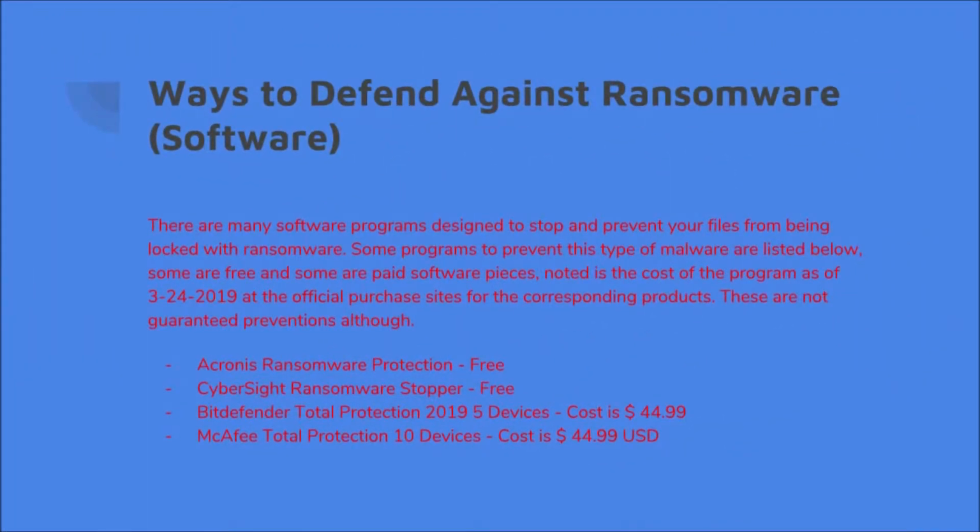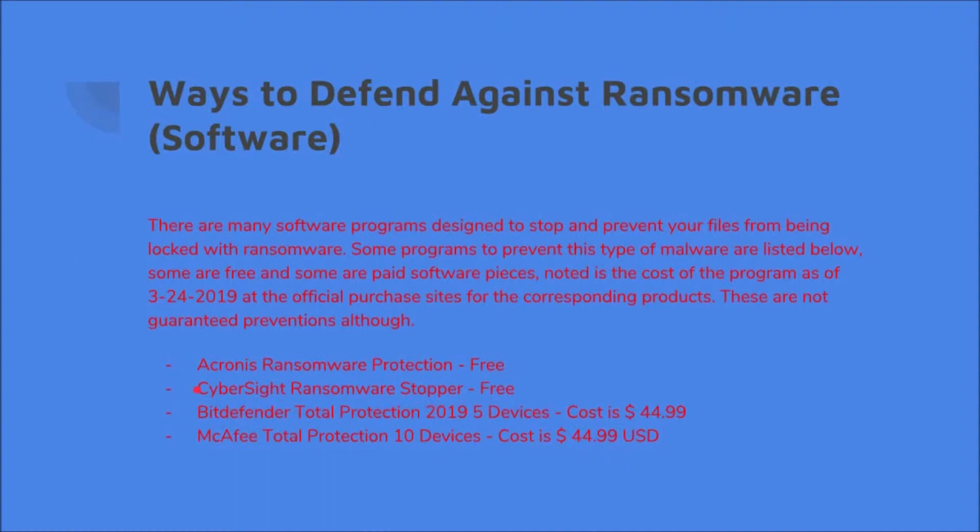So now we're going to explain some ways to prevent ransomware in terms of software. There's many programs designed to block these types of ransomware as they are running, and they secure your files from being locked with ransomware. Some programs are listed below, some are free, some are paid, and that's noted to the right.